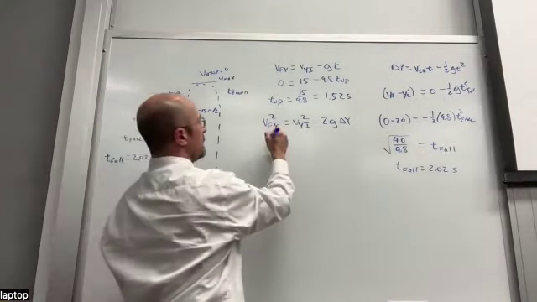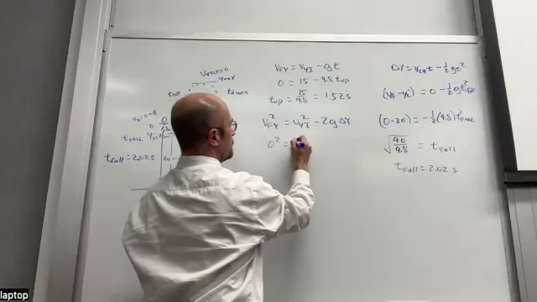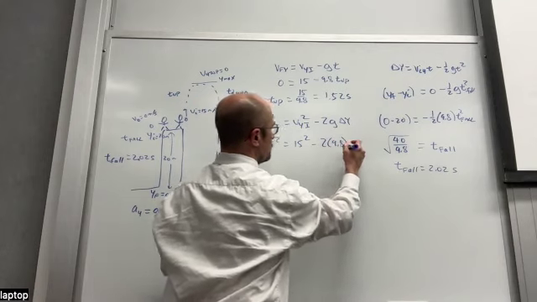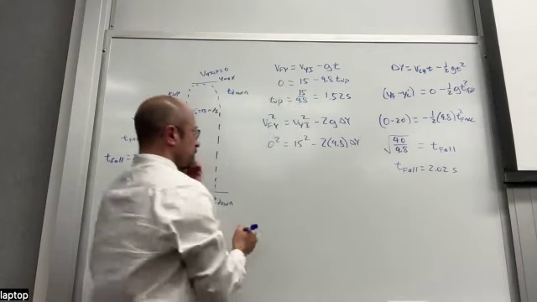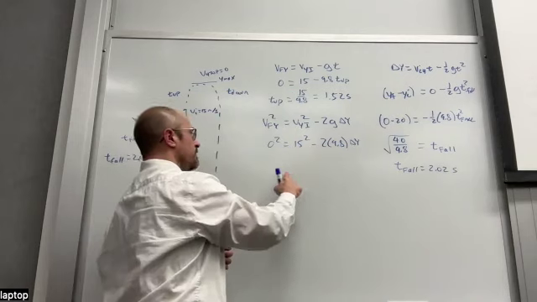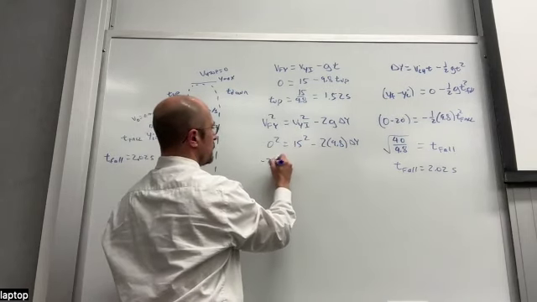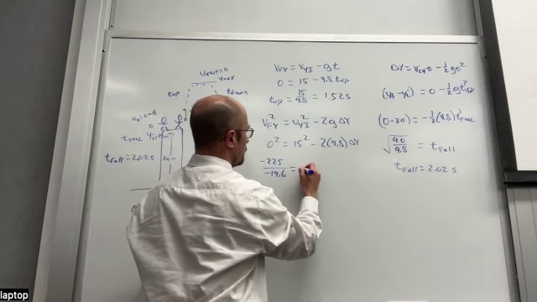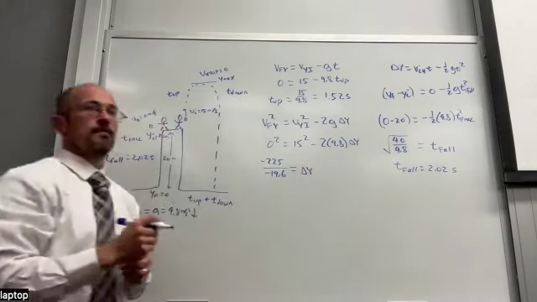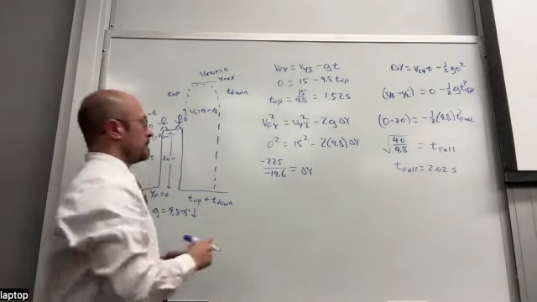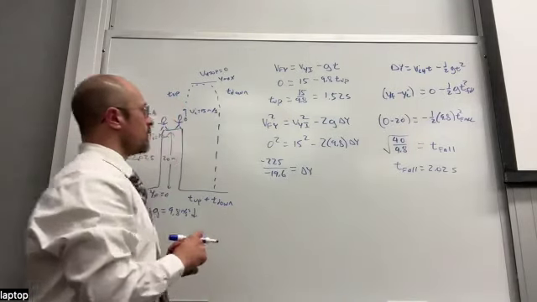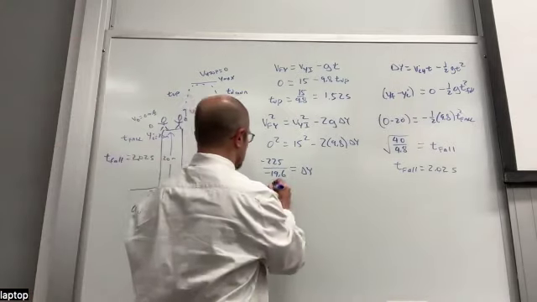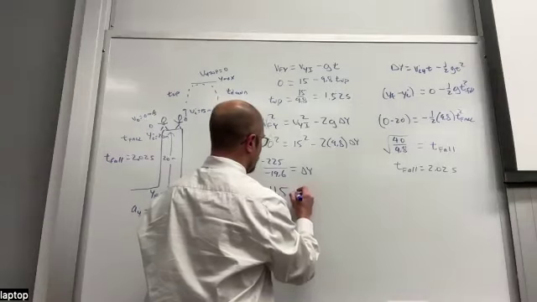So this is going to be 0 squared equals 15 squared minus 2 times 9.8 delta y. We make this 225 and subtract it over. So we have negative 225 divided by 19.6 equals delta y. That's somewhere over 11. We'll call that 11.5 meters.